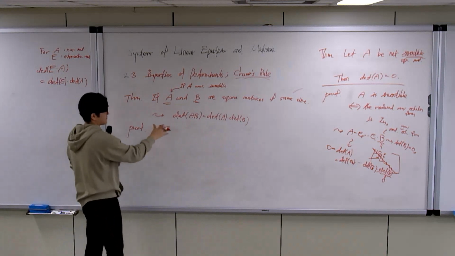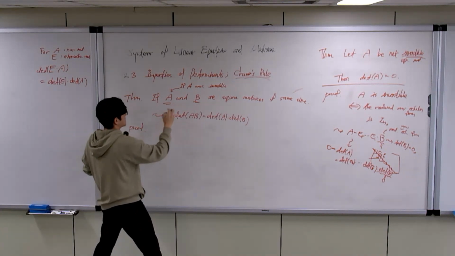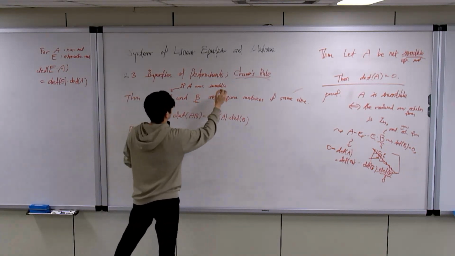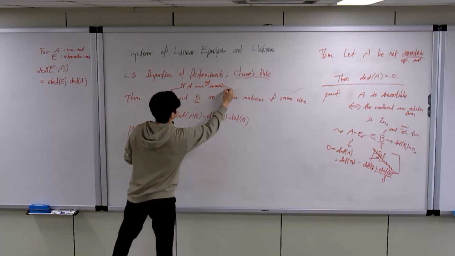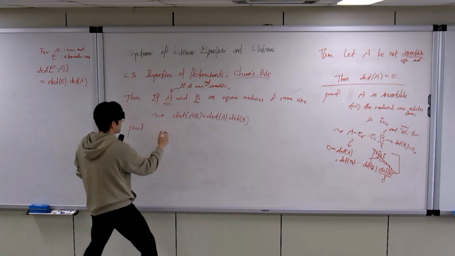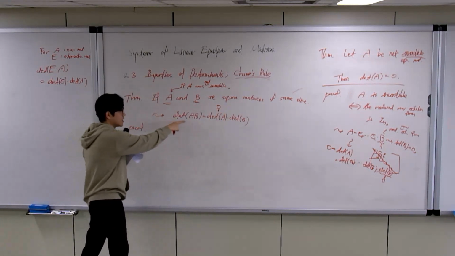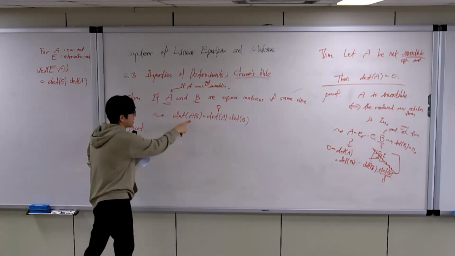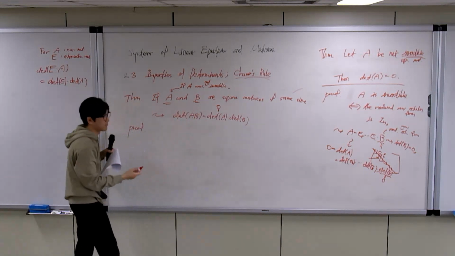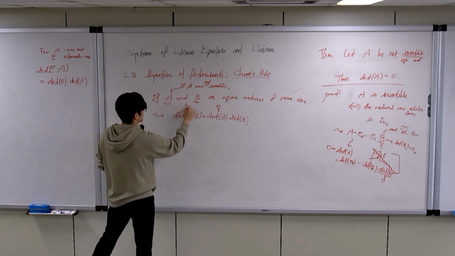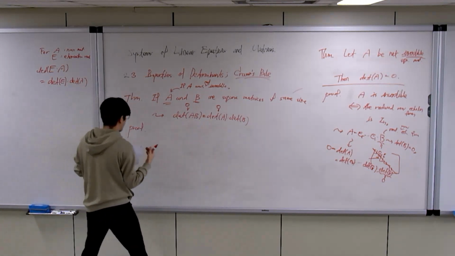I will use this fact for the theorem. So let A be not invertible, then its determinant is 0, and A times B is also not invertible, so its determinant is 0, so the equality is satisfied.